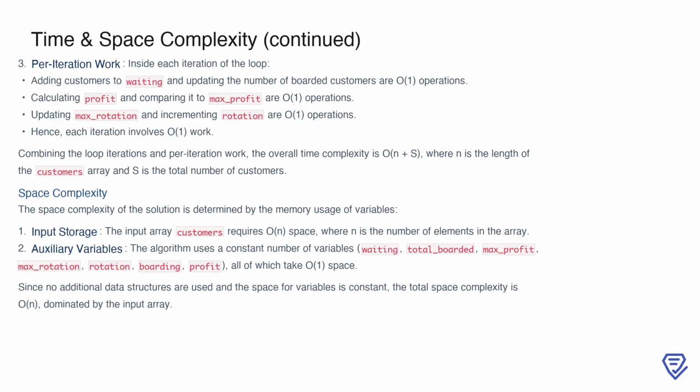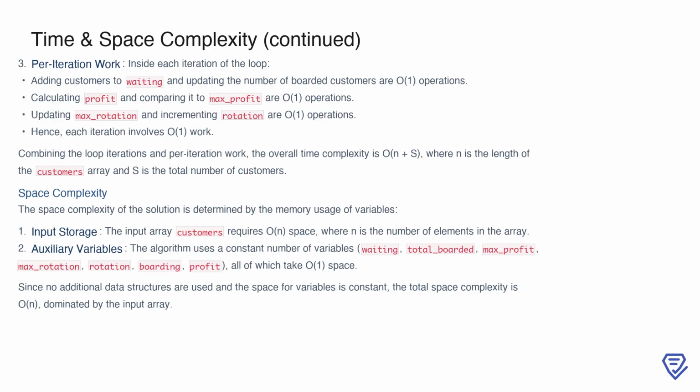Similarly, updating variables like max_rotation and incrementing the rotation counter are also O(1) operations. Since each iteration involves only constant time work, the overall time complexity is determined by the number of iterations multiplied by the per iteration work. This gives us a time complexity of O(n + s), where n is the length of the customers array and s is the total number of customers.